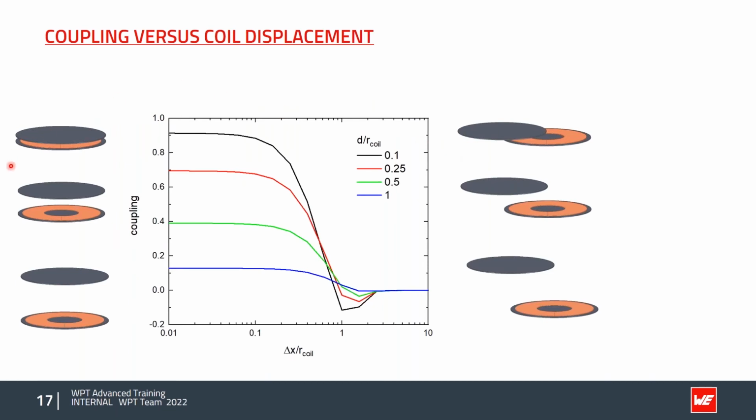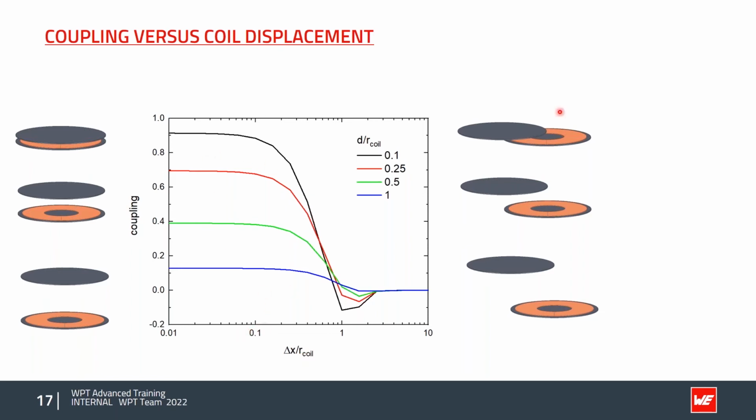Now let's have a look at horizontal displacement. We have a transmitter coil here, for example, and we just shift the receiver coil in the x direction. Then we can see these graphs for different distances compared to the radius of the coil. And here we see the displacement dependent on the radius of the coil.